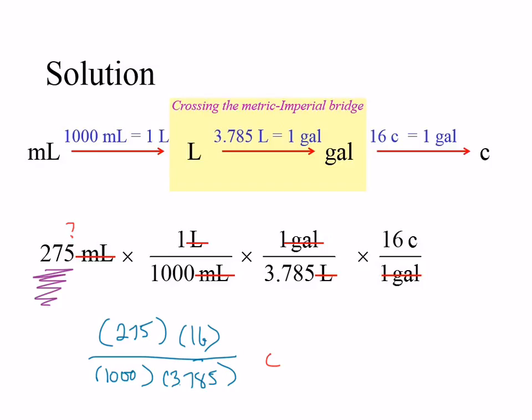So it has to be an equivalency by definition to have no uncertainty. When the word about is used, it means it's uncertain.